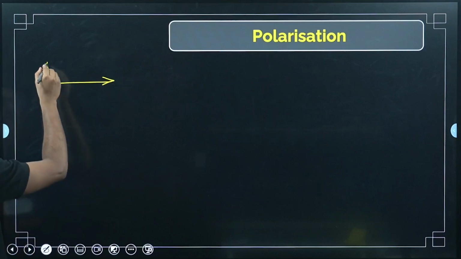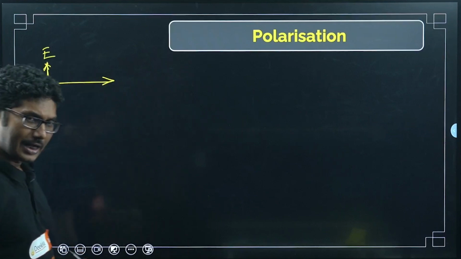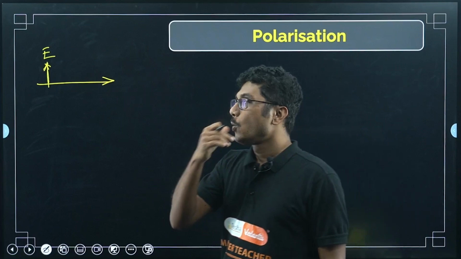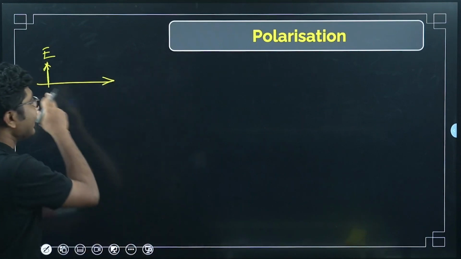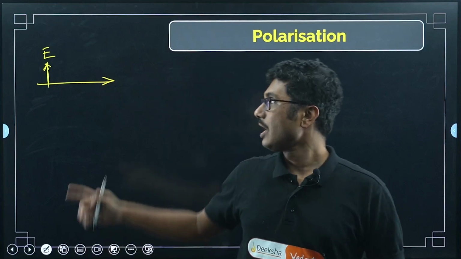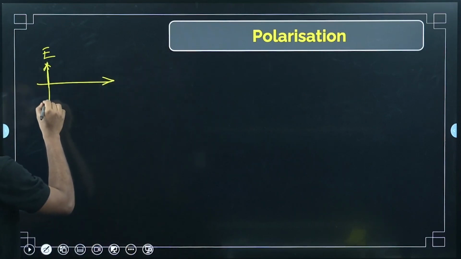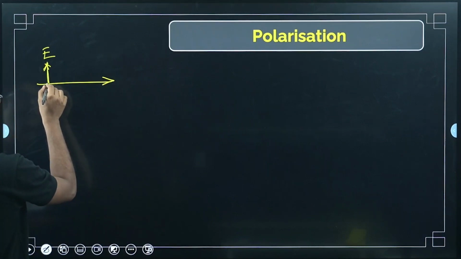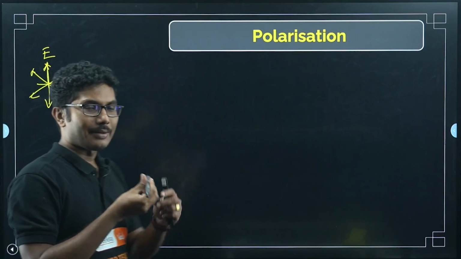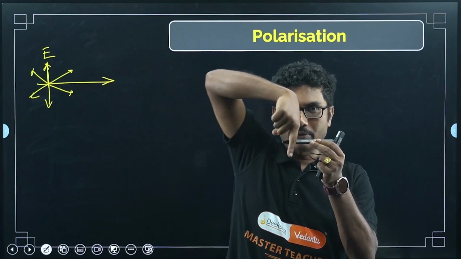So if the light is propagating in this direction, then electric field is in this direction, perpendicular to the direction of light. Now how many possible perpendicular directions are there to this line? In this line there are multiple possible perpendiculars, right?